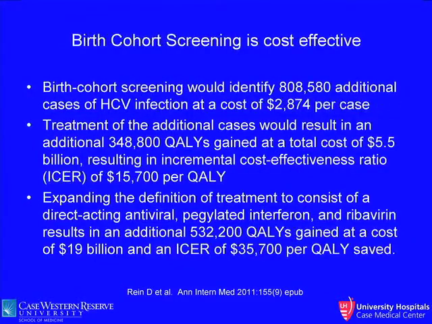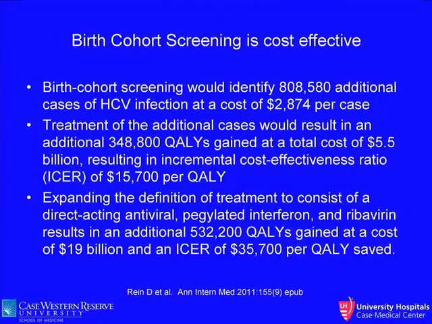You would end up spending more money to treat additional cases. This would be an increment of about $5.5 billion and an increment in quality of life, this ICER measure, of about $16,000. You would end up gaining an additional 500 and some thousand quality adjusted life years, which is a validated way of showing addition of survival with factoring quality in.